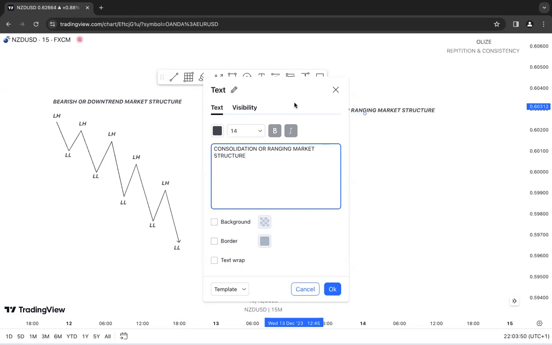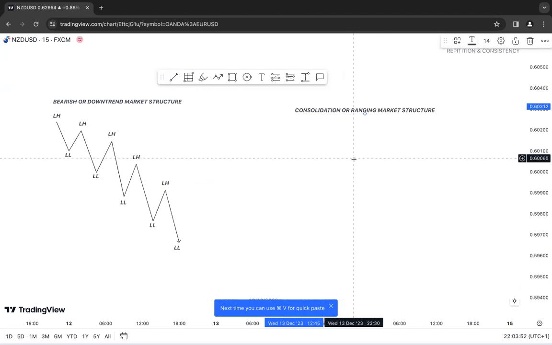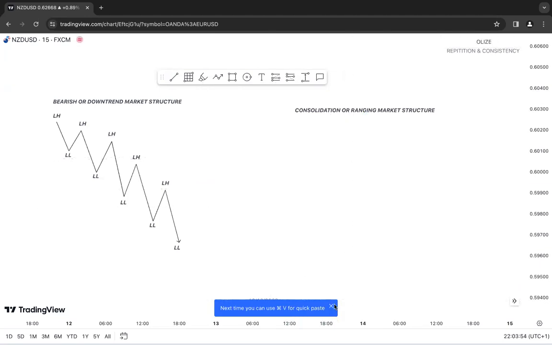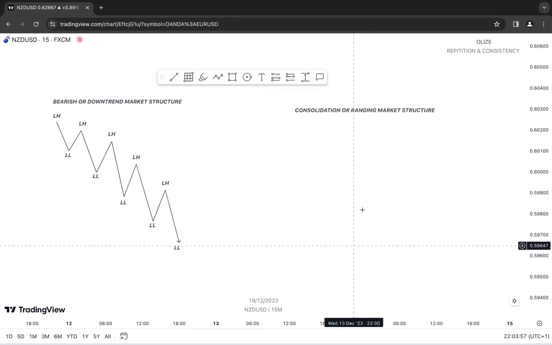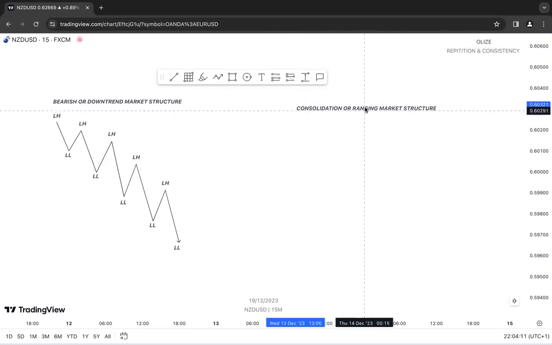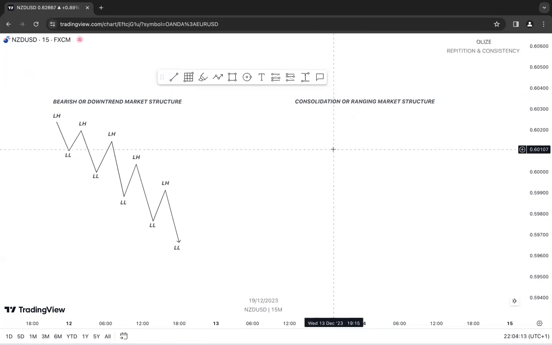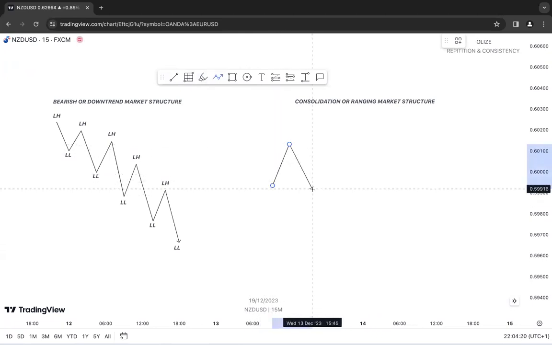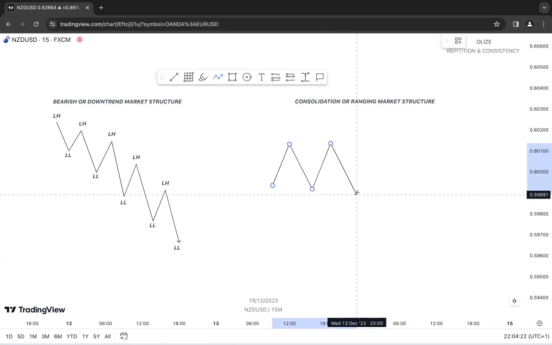In a consolidation or ranging market, price is neither creating series of higher highs or higher lows, nor lower highs or lower lows. Price is just ranging or consolidating within a particular price range.